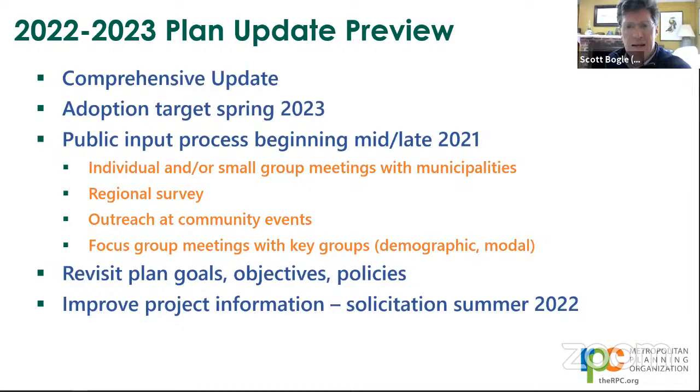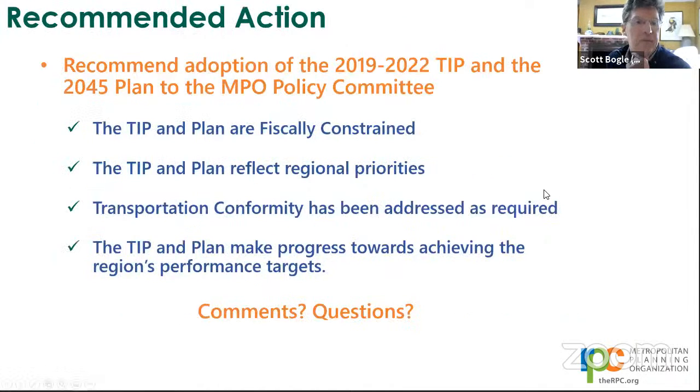And then I think last slide here, at least last slide on the plan. Our recommended action is adoption of the 2019 through 2022 Transportation Improvement Program and the 2045 plan, as a recommendation to the Policy Committee by the TAC of adoption of those documents.